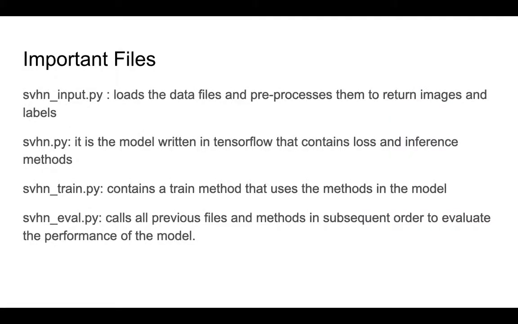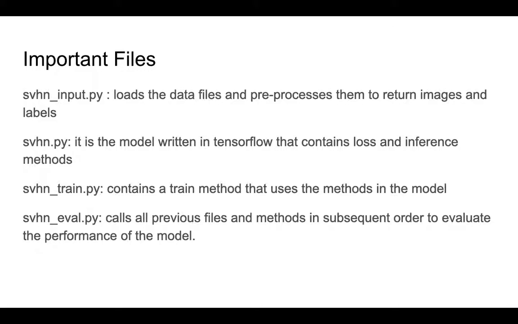So going through the source code, there are four very important components of the whole network. The first one is input, which basically loads the data files and pre-processes them, and returns the images and labels.